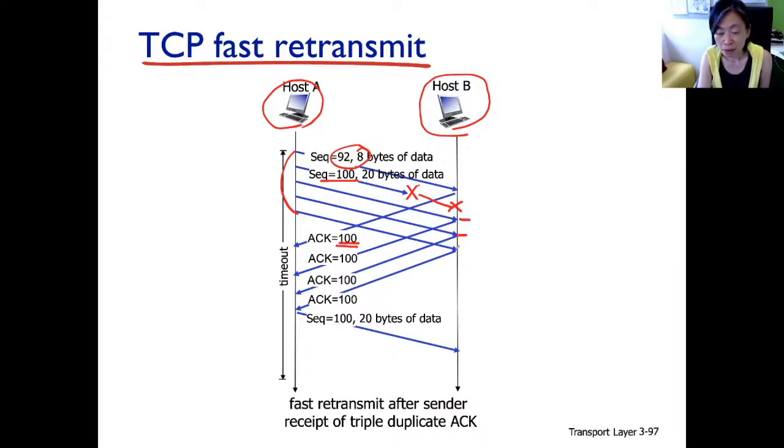All these subsequent packets just trigger the receiver to send the same ACK back to back. So the sender here receives the first ACK for 100, and this is the first duplicate ACK, the second duplicate ACK, the third duplicate ACK. This is when we begin retransmitting the first, the smallest sequence number that is unacked.